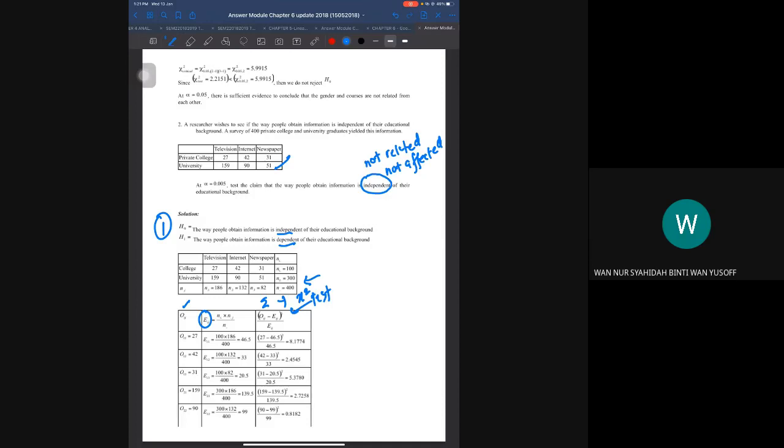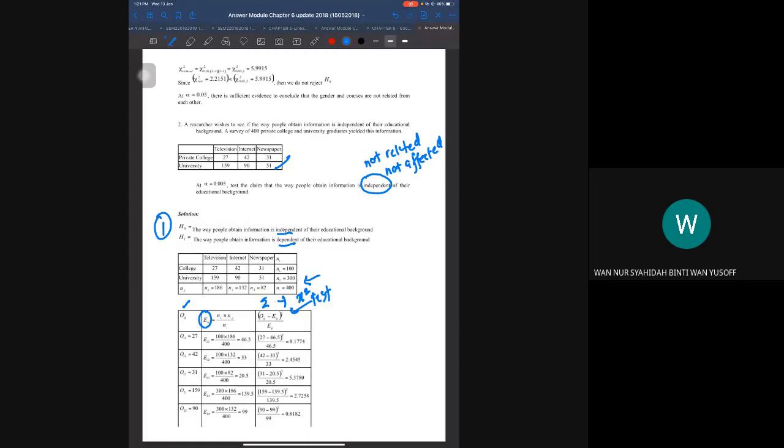But nothing crucial now about the goodness of fit test, because even though you have the fitting of the distribution, it is easy because the probability is already given. So it doesn't matter which question will be in the final, but you just prepare yourself for step 2, 3 and 4 lah.